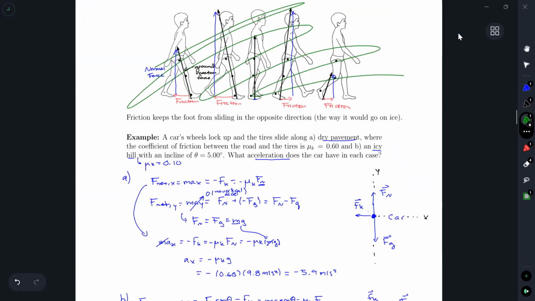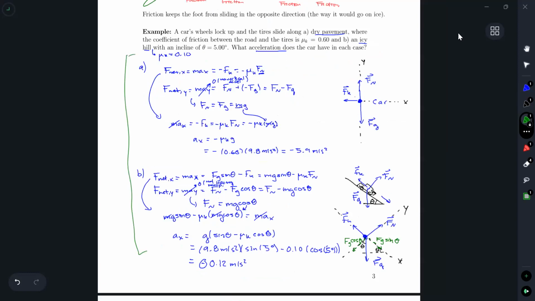These examples are really good ones to look at, both because they have something on an incline in part B, but also they show you how to work with that kinetic frictional force: what you're always trying to do is say first it's equal to the coefficient of kinetic friction times the normal force, and then you use what you got from the y direction, what you found out about the normal force's magnitude, in this case that it's equal to the weight.